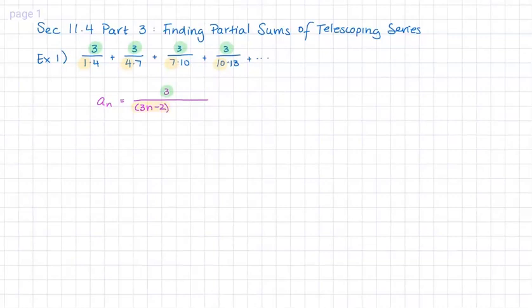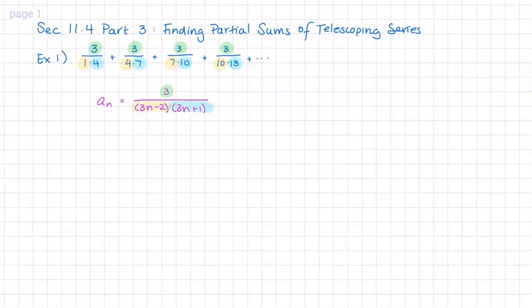And then finally, the second factor in each fraction, that's also arithmetic, 4, 7, 10, 13. They also increase by 3, so we know that that factor can be written as 3n plus 1. And now we have a nice, rather simple expression for A sub n.